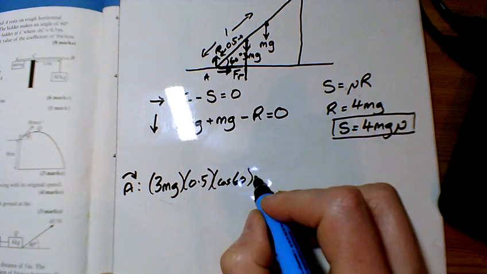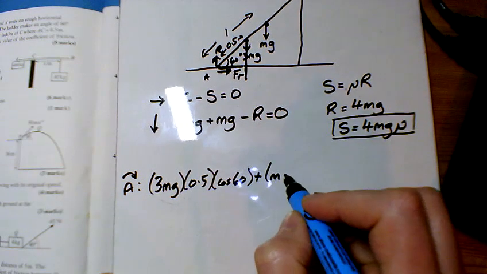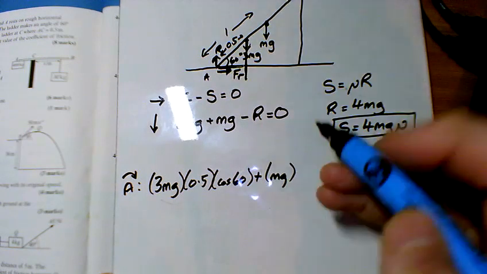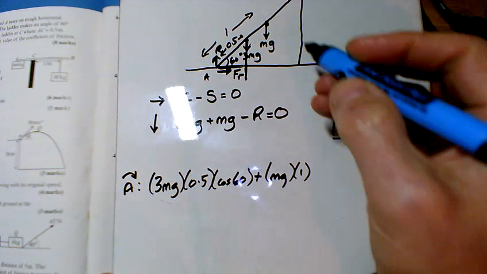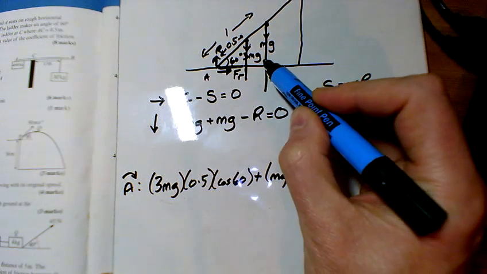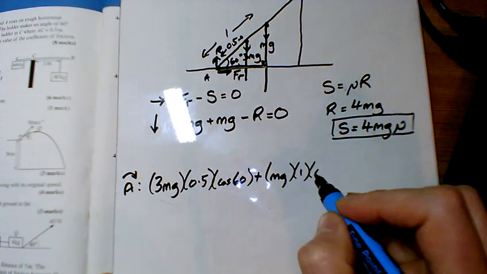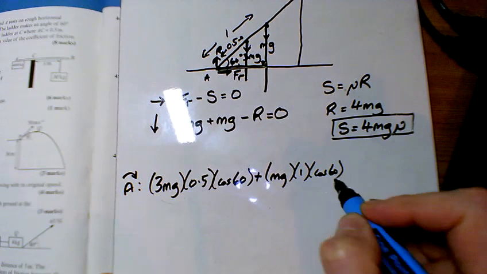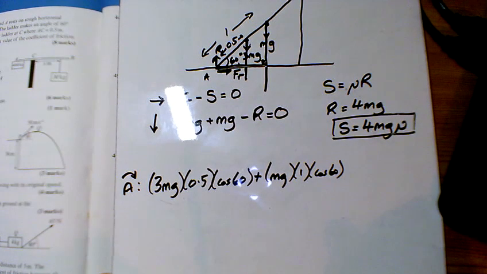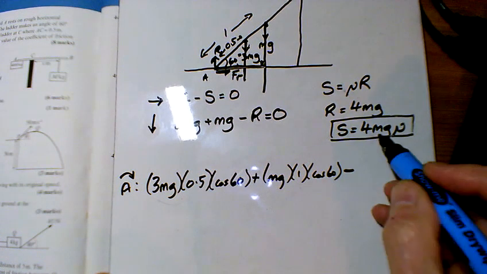Let's repeat it for the next one. The next one, we've got the force here of mg. The distance there to there is 1. And look, the force here is going down like that. The perpendicular distance is this bit here, and this is next to the angle, so it's a cos of 60. The force stopping it turning is the S force.